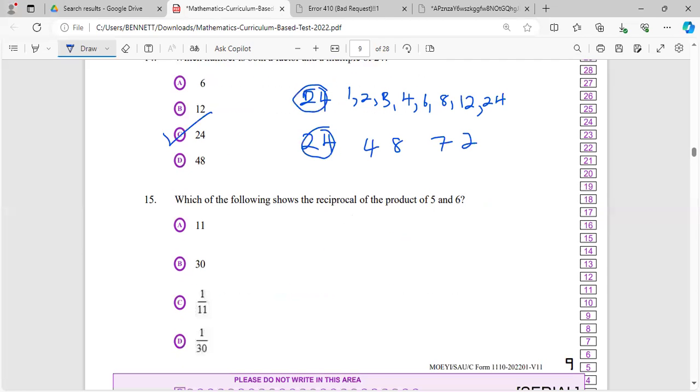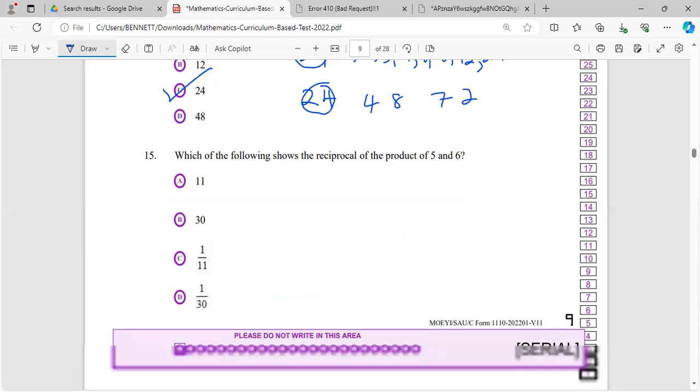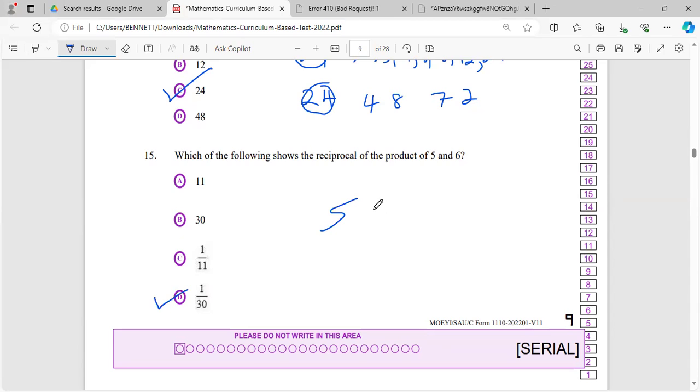Question 15 says, which of the following is a multiple? We did this already, right? This is a repeat. Which of the following shows the reciprocal of the product of 5 and 6? We did this yesterday. It was 1 over 30, D as in dog, right? So we multiply it first, so it's 5 times 6, which is 30.